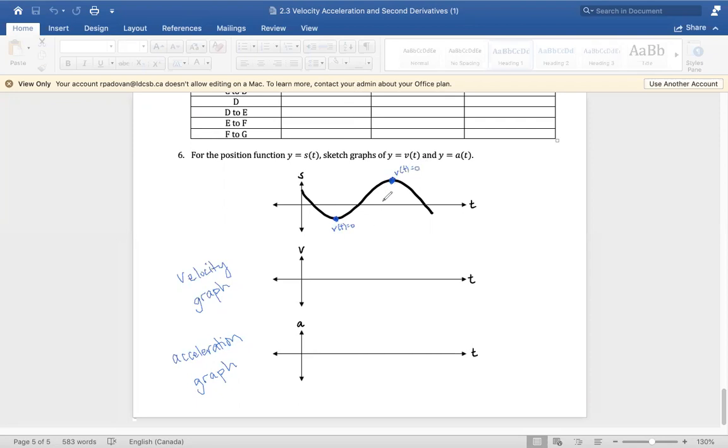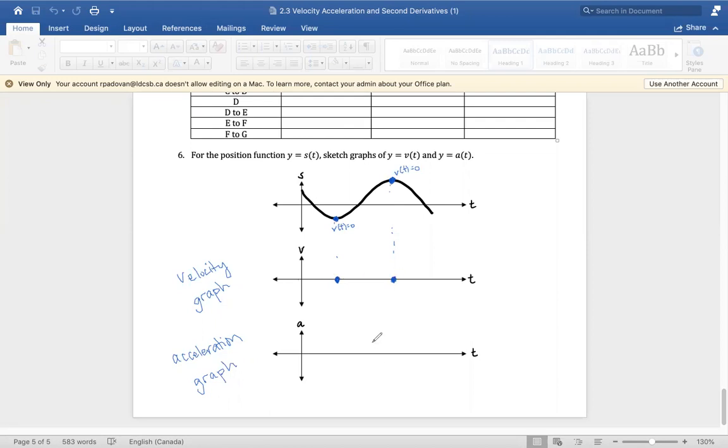So if my velocity is 0, then I put it along the line of 0, trying to make a straight line here. So these 2 points where I'm not moving, my velocity is 0.